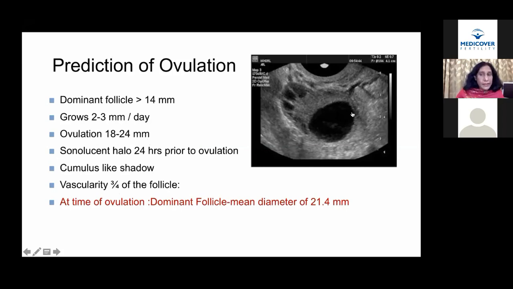But this is a big follicle, and there is a good sonolucent halo, a cumulus-like shadow. If you put color, you will see vascularity in three-fourths of the follicle. At the time of ovulation, the study says the dominant follicle mean diameter is usually 21 millimeters.